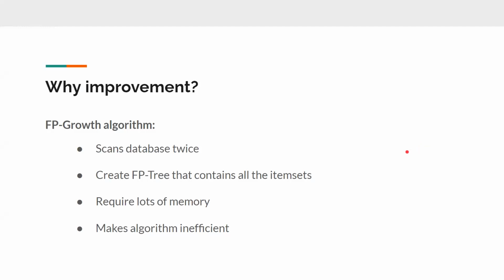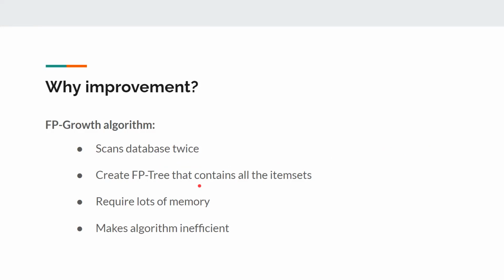And why improvement? As I said, the FP growth algorithm also has a few drawbacks, which are to be considered while working on dense and large item sets. Some of them are: it requires two scans of the original database, and recursive mining of the FP tree is required to generate frequent patterns.